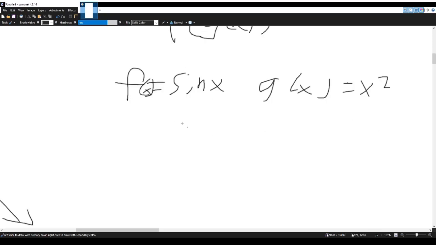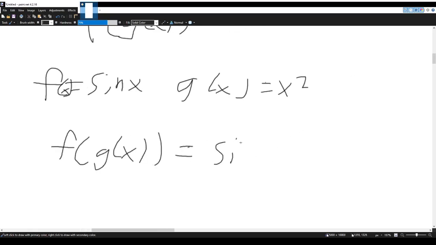Now f of g of x: we have sine x as f of x, but we're replacing x with g of x. We're getting rid of that and substituting in g of x, so we're actually going to do sine x squared.